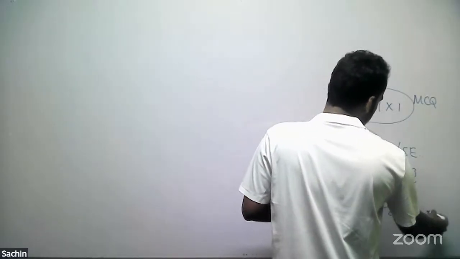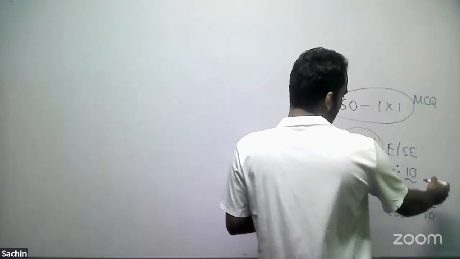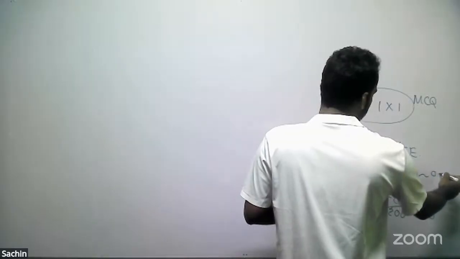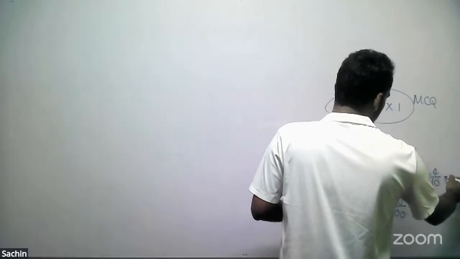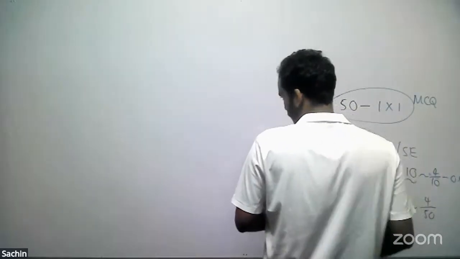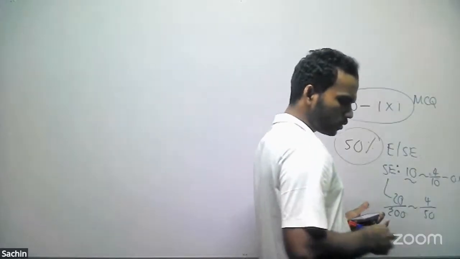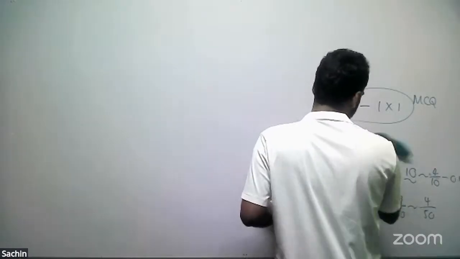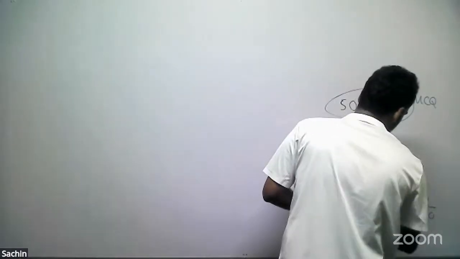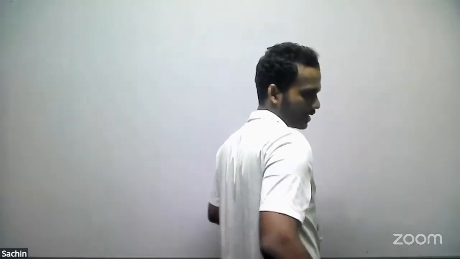So per one structured essay, if you calculate from 50, it will be only 4 marks. So if you divide it per 10 questions, then per one subpart you will be only getting less. So you see, almost double you can score using the MCQ. If you do one MCQ correct, then you can directly get 1 mark in your final score.